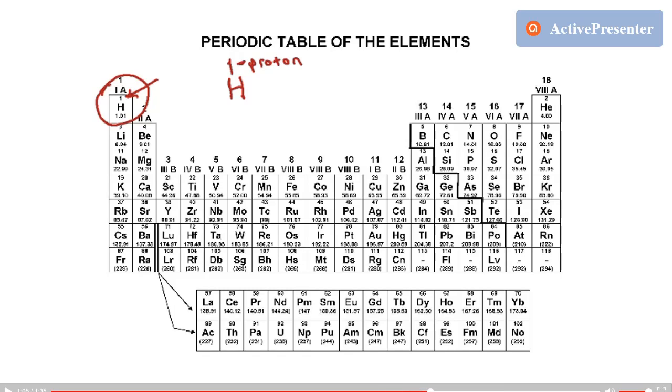And because it has 1 proton, that means it also has 1 electron. And because it has 1 electron, it has 1 neutron.